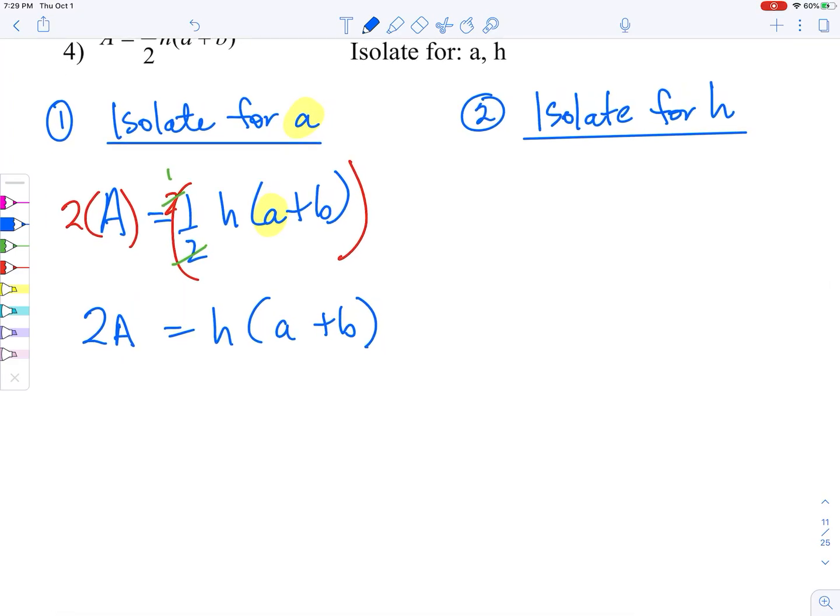So if I'm going SAMDEB to solve for this, I need to get rid of brackets last. Right now this bracket is being multiplied by h, so I'm going to undo that by dividing both sides by h. So I get 2A over h equals a plus b.